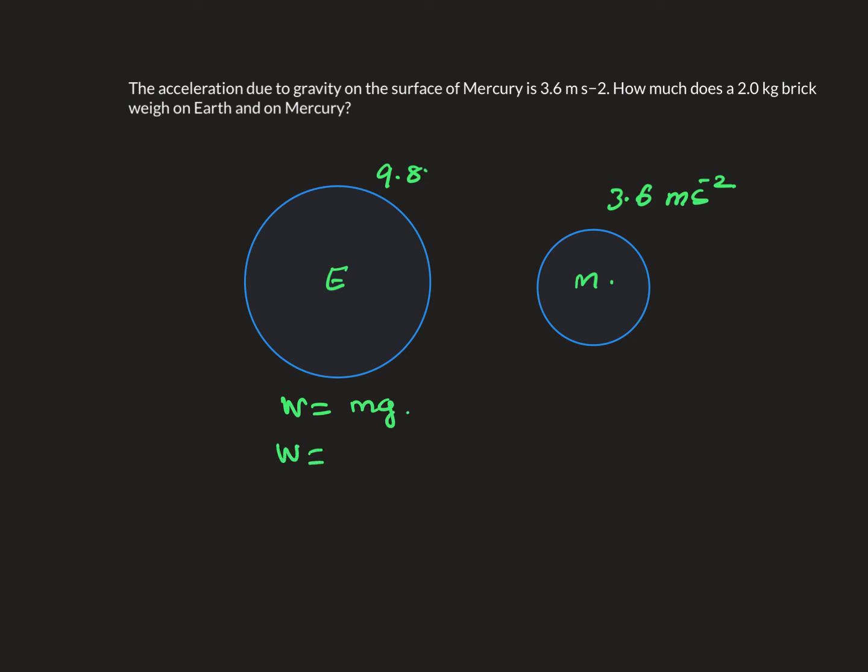W is equal to 2 times 9.8. The mass is the same no matter which planet you go to; the only thing that differs is the gravitational acceleration. So in this case, it's going to be 3.6. So you will get 19.6 here, and this one will be 7.2.